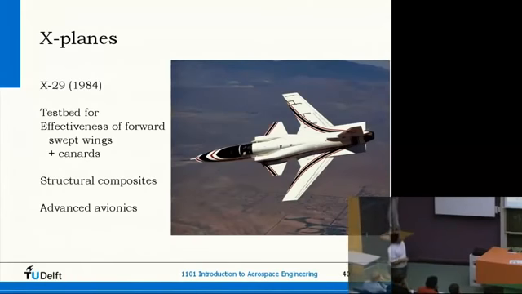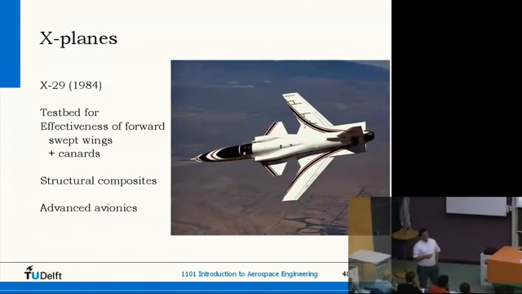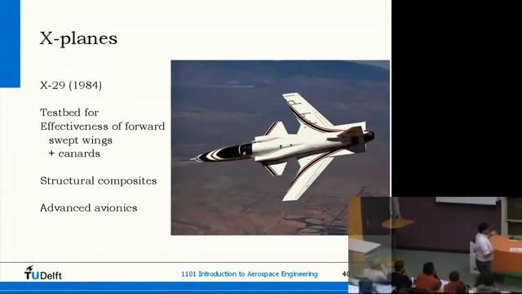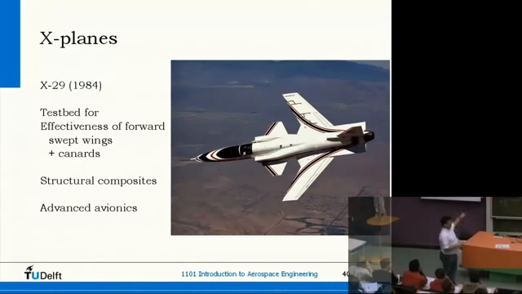X-29, specific aircraft for forward sweeping wings, as you can see here. Most of the aircraft have the sweep backwards, and that's due to the fact that we are constructing in aluminum. As soon as you have an increase in alpha, you also have an increase in force, and since that point is behind the attachment point of the wing, you will have also a forward bending moment in your wing structure.